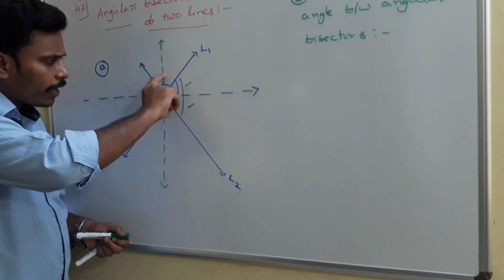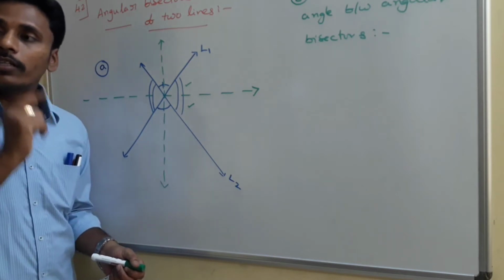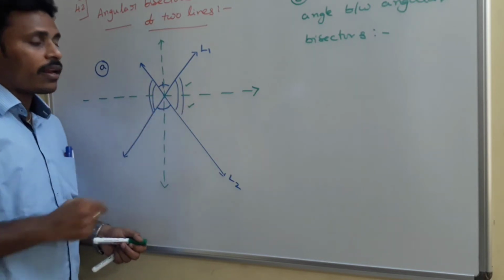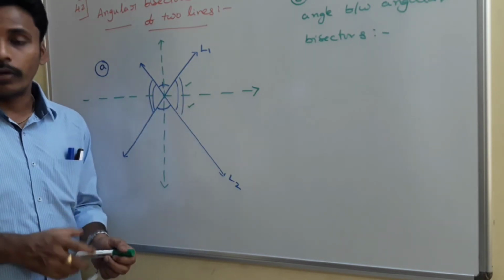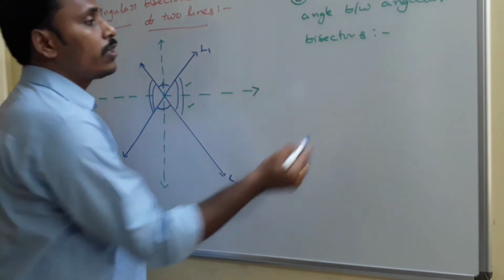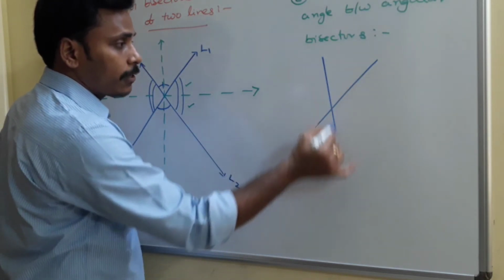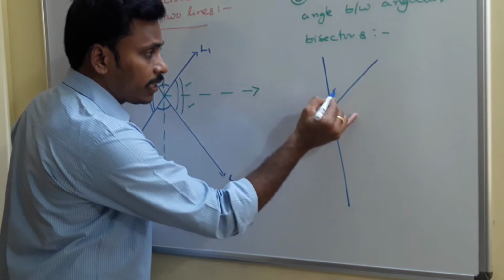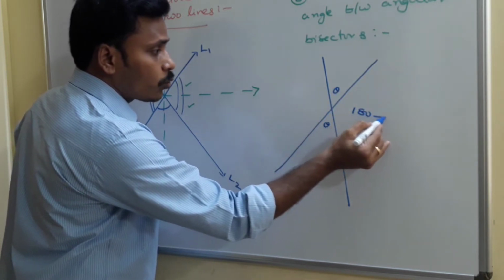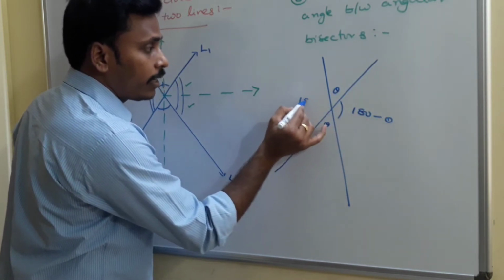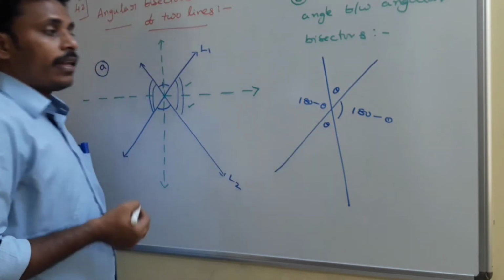If two lines intersect like this and this angle is theta, then this angle is 180 minus theta, and this angle is also 180 minus theta.